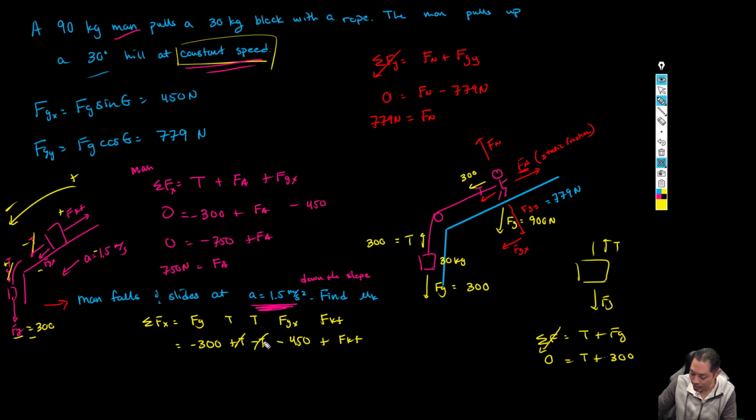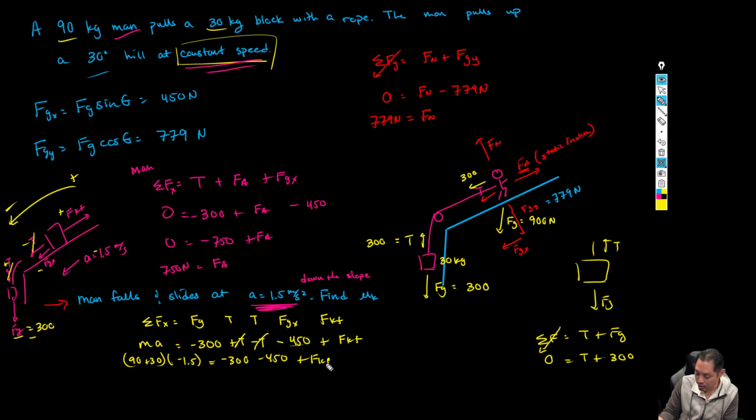Here's 450, and then we know this is ma. We can't forget that this is no longer 0 because now we have acceleration. M is going to be of both masses, so the 90 kilogram person and the 30 kilogram block, so that will be 90 plus 30. Acceleration is negative 1.5 equals negative 300 minus 450 plus the force of kinetic friction.